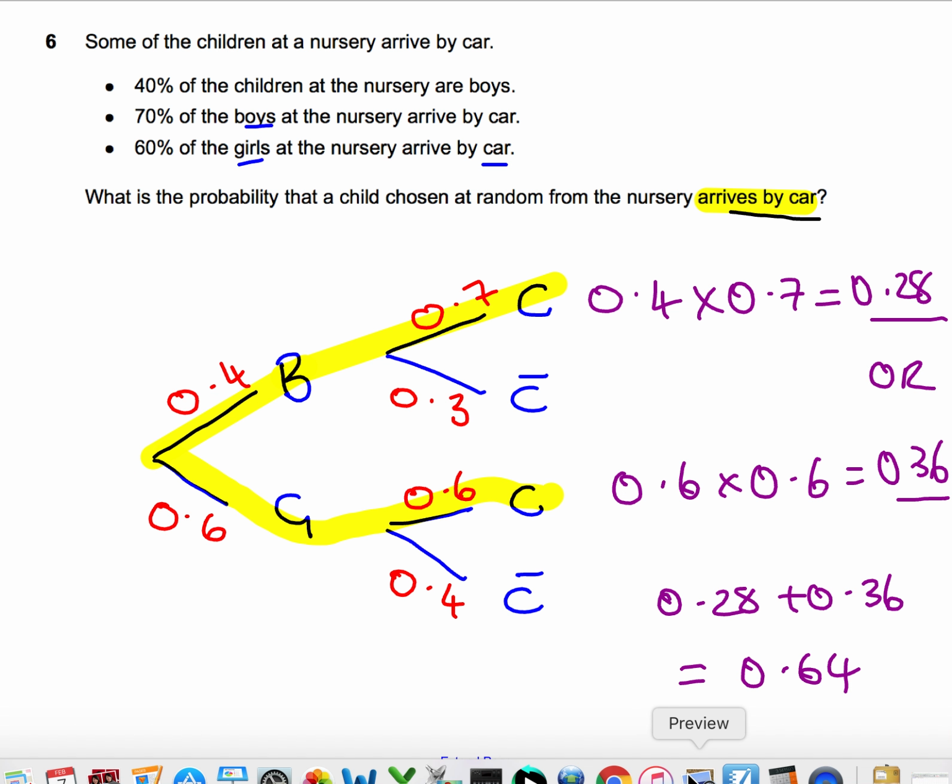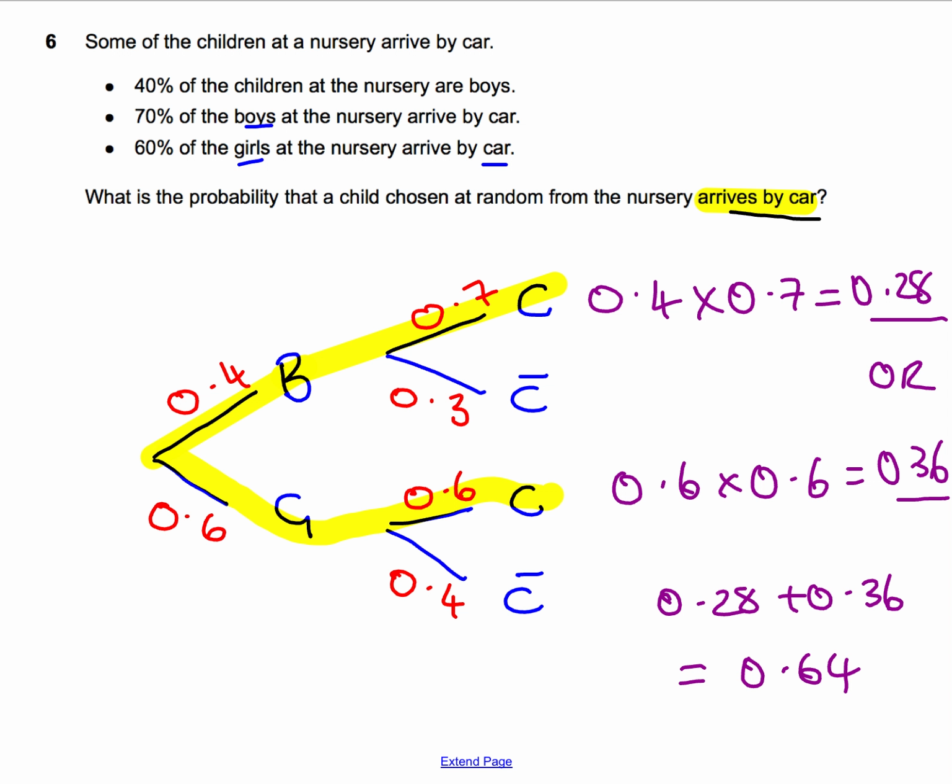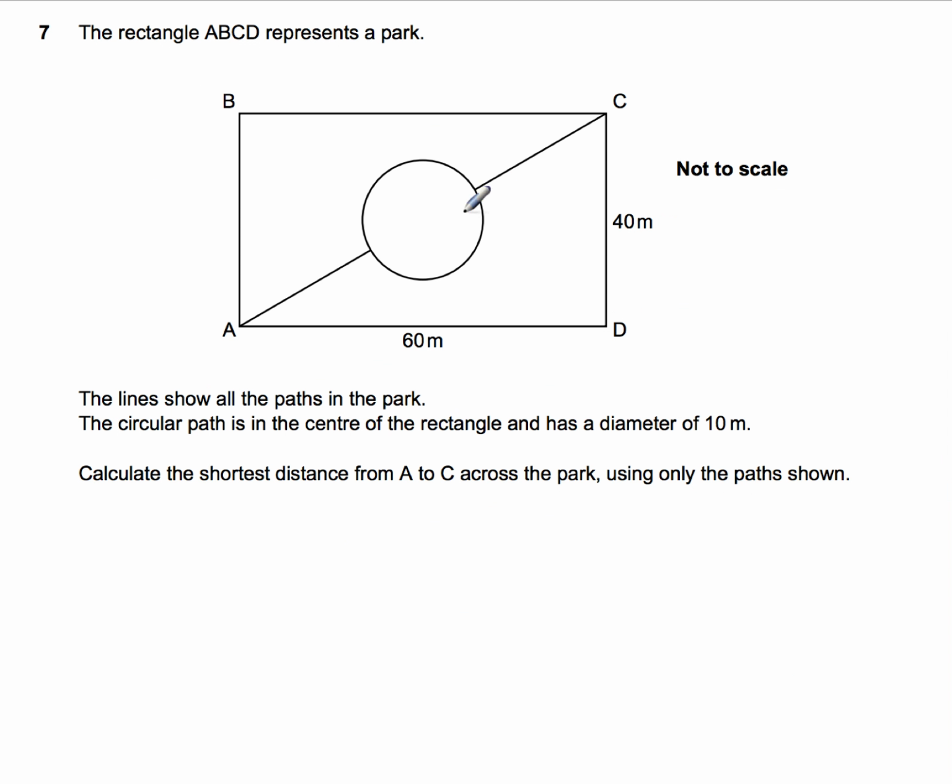Okay, right, next question. The lines show all paths in a park. So this is a park. So this represents a path, and this represents a path, and this represents a path. So this is a path.